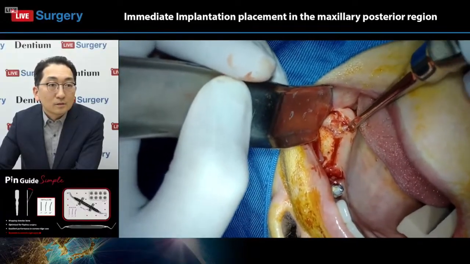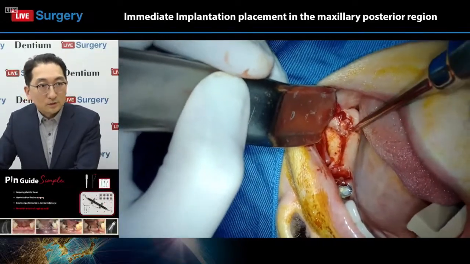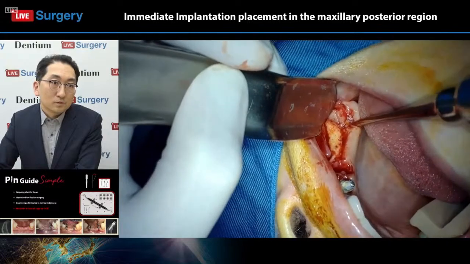Okay, now I am going to extract the 27 retained root.